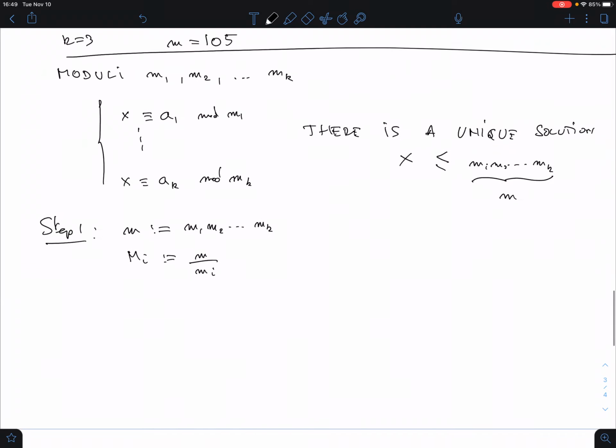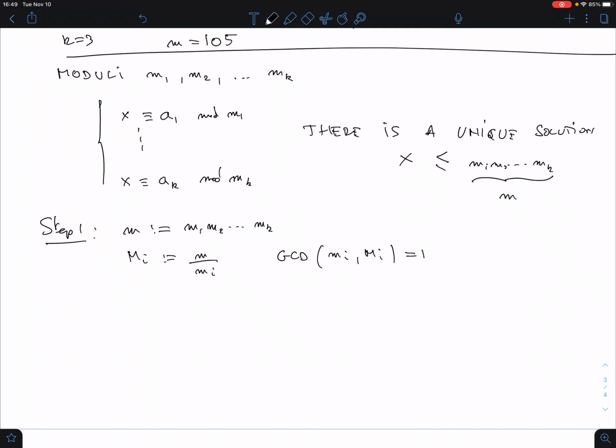Now, by virtue of this choice, the GCD of mi and capital Mi is 1. Why is that? Well, I just divided away, and we know that there are no other primes in common. So there are some primes in mi that are not in the others, and the others make up capital Mi. There are no primes in common, so the GCD is 1.